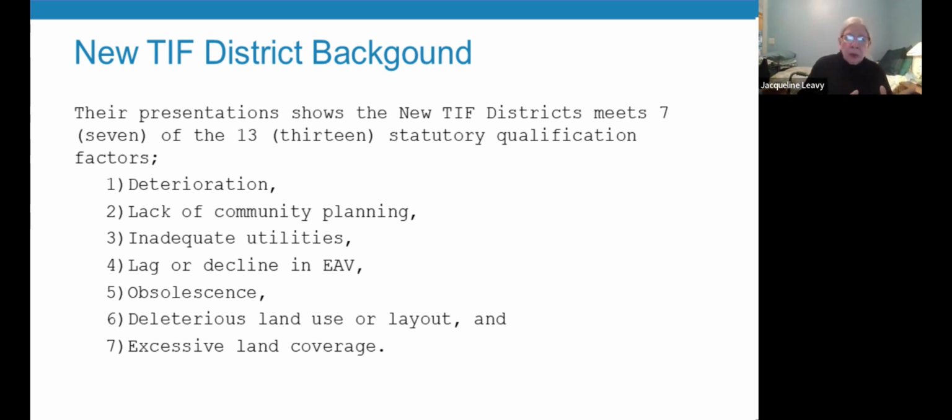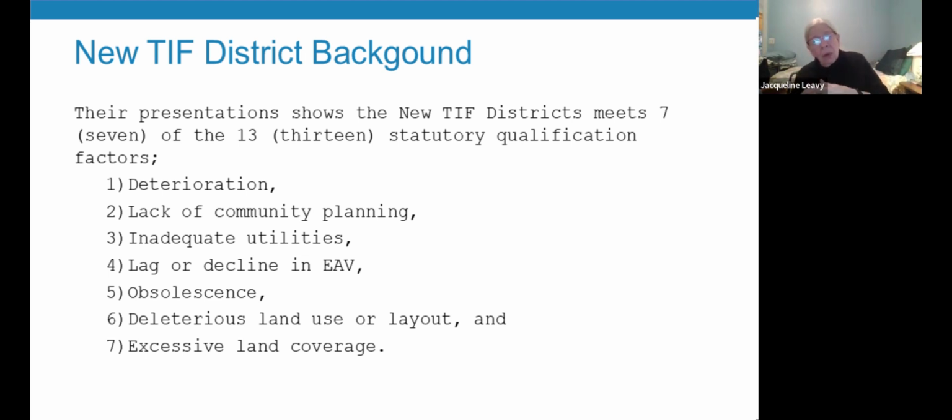And yes, the areas were initially, genuinely blighted. Nobody's sense of common sense would deny that a vacant steel plant that's fallen apart on the far southeast side of Chicago is a blighted area.